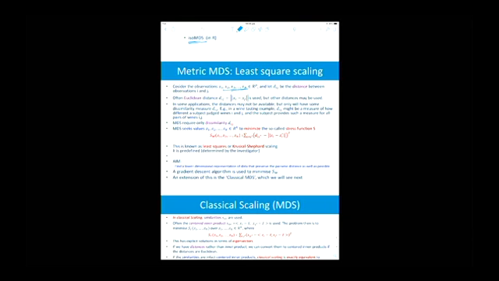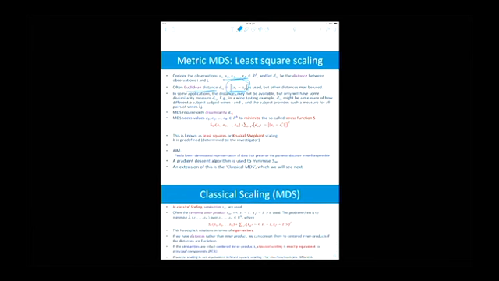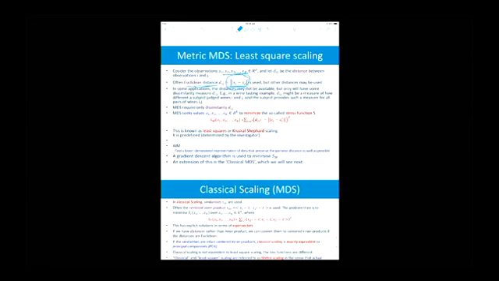Okay, so then depending on how the stress value is defined, the names change. So for the metric MDS, we use the Euclidean distance between the points because we know the distance between the points in this case. So we will be able to calculate it. This is the notation for Euclidean distance. So what it does is, let's say you want to find a predefined dimension, k dimension.